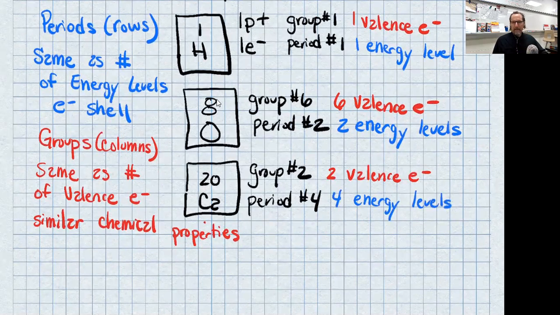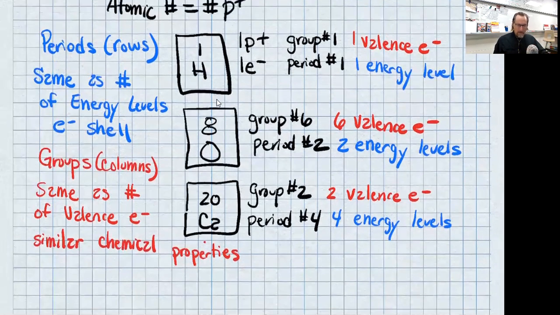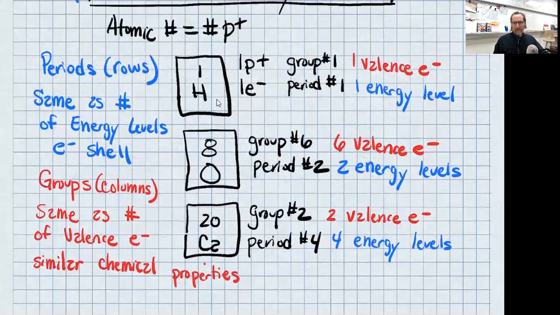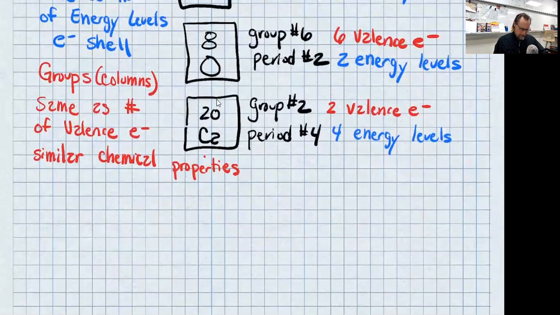And that's about as big as we're going to get. We're not going to look too far below period 4 because we're really focusing on the first 20 elements. And so if you know those examples, that would get you really set up well.